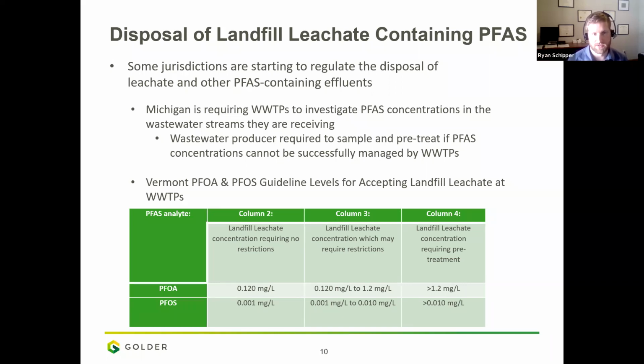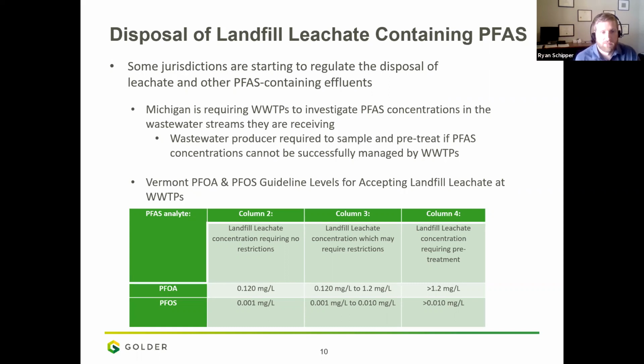They may be required to pre-treat if they're over some of the concentration limits going to the POTW, if that wastewater treatment plant is discharging above the standards set for Michigan.